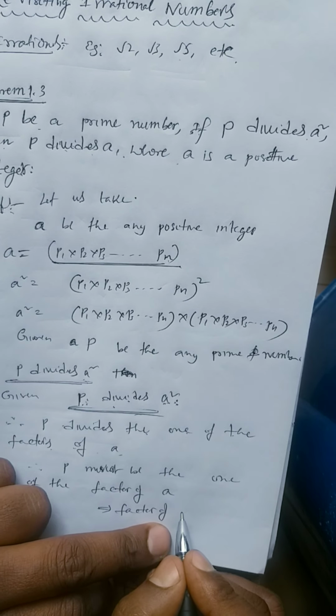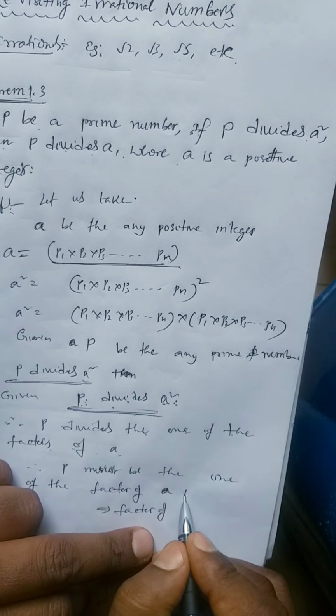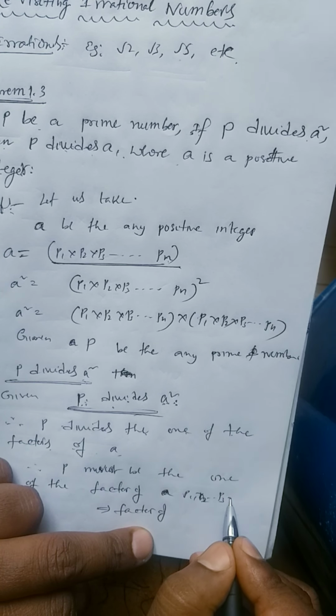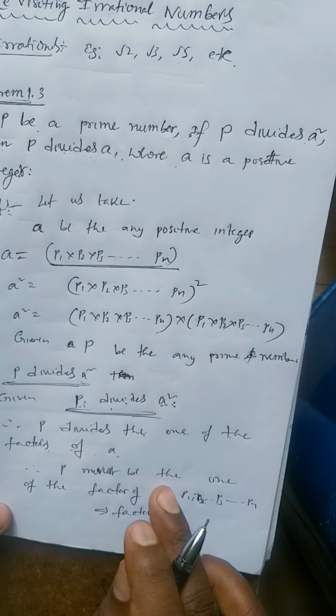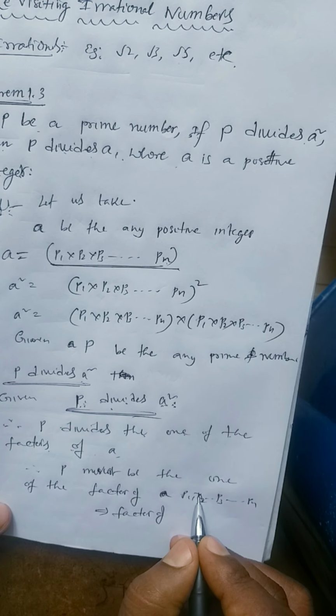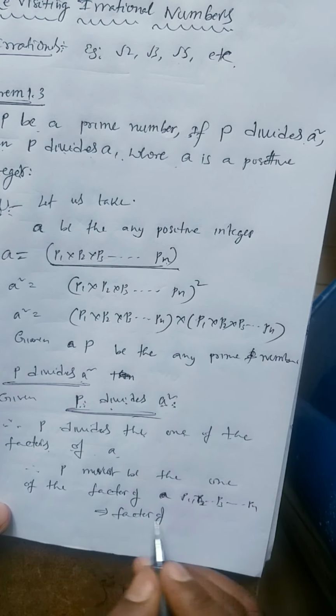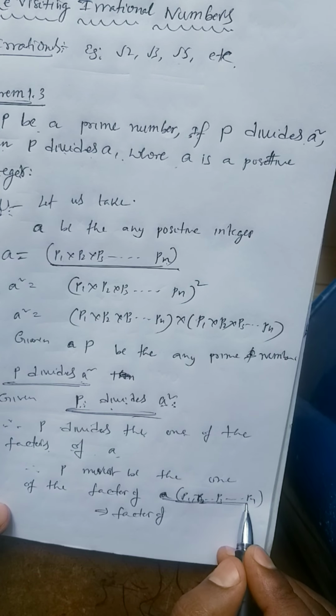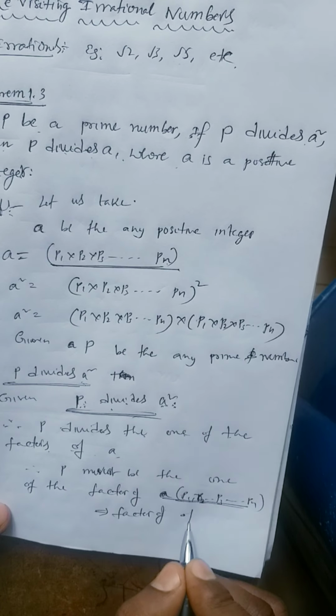It implies p must be one of the factors of p1, p2, p3 and so on pn. Here the product p1 p2 p3 and so on is nothing but a. So p is a factor of a.